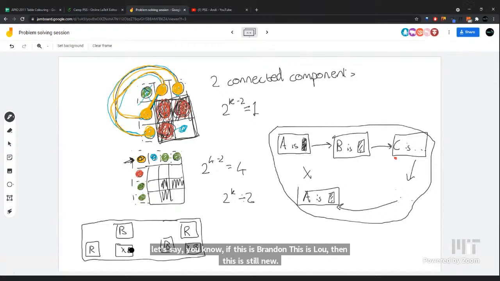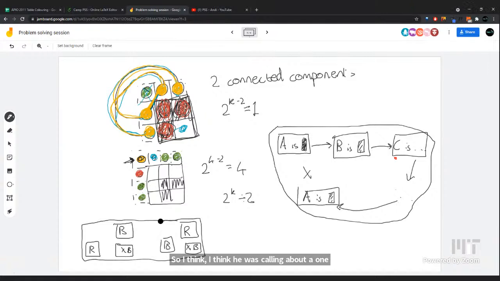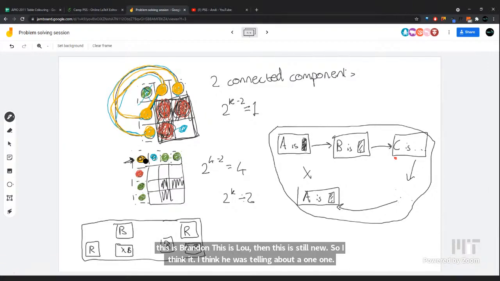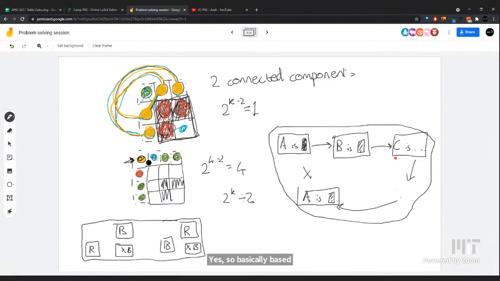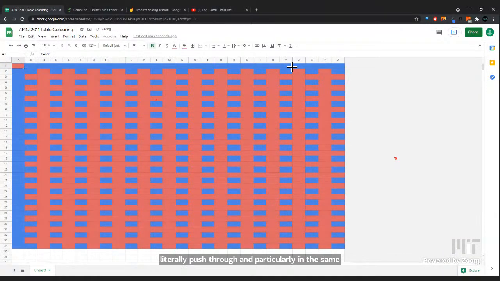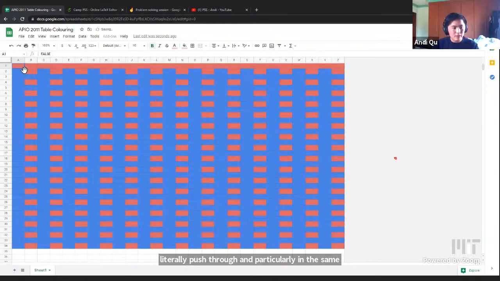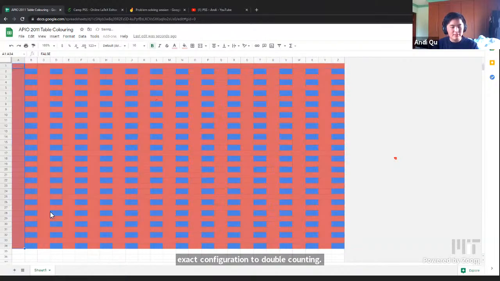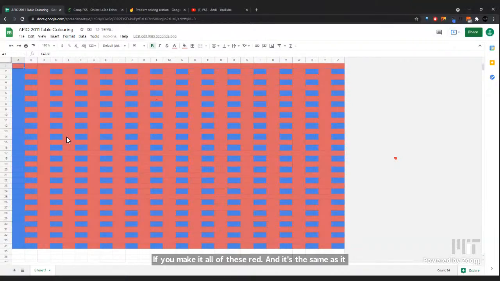I think he was talking about A11. Oh, this. Yes. Okay, so basically the color of this doesn't really matter. If you were to change A11 and every row, sorry, first row and first column, you'll get the same exact configuration. So you're double counting. If you make all of these red, then it's the same as if all of them... That is the exact same. So, double counting. So that's it.